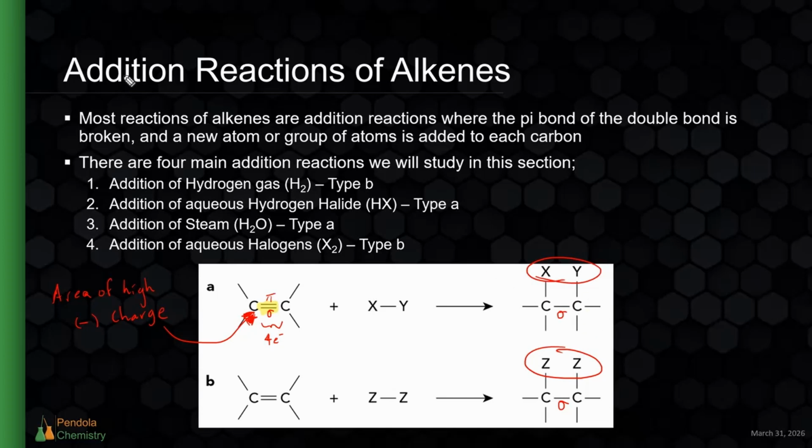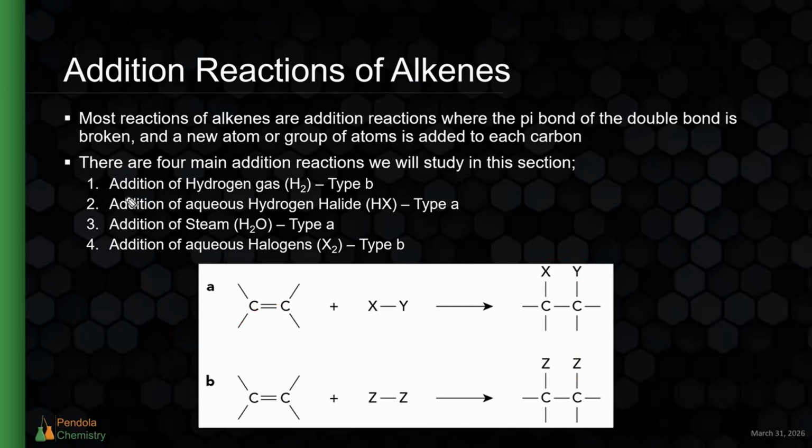That's why we call this an addition reaction. We grab a small molecule, either made out of 2 of the same atom, like here we represent that by ZZ, or 2 different atoms, here we represent that by XY, and we add them across the double bond. We break the double bond and we add that compound.